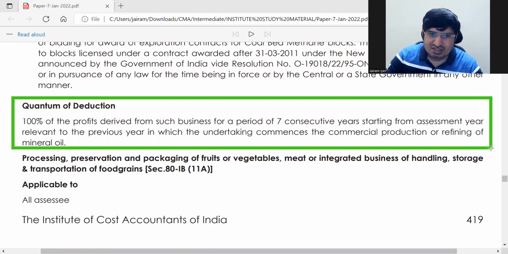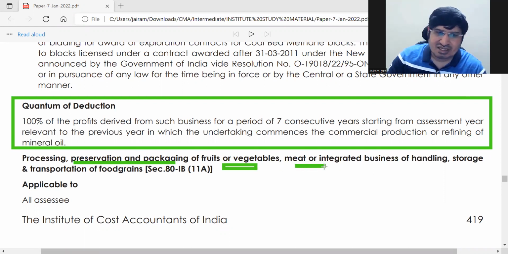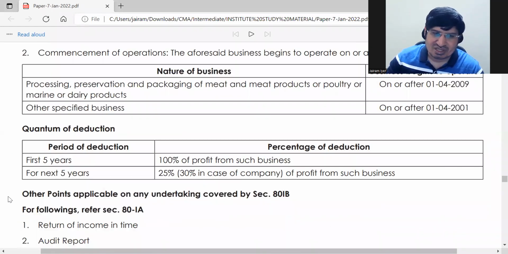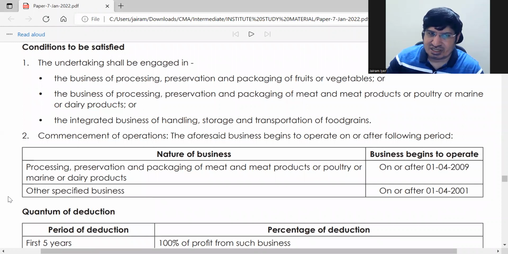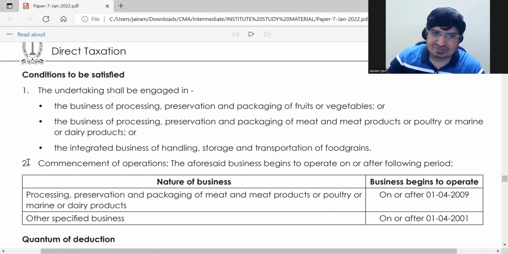Right? And next is processing, preservation, packaging of fruits, vegetables, meat, storage of food grains. This is also applicable to all SSC. You don't need sections and all. Now again here conditions to be satisfied.